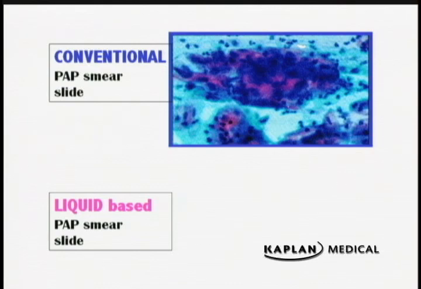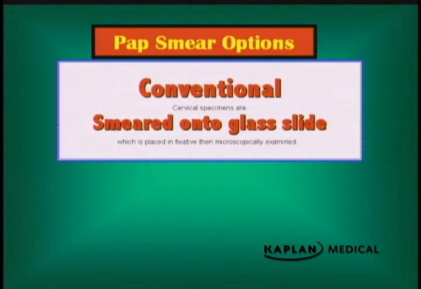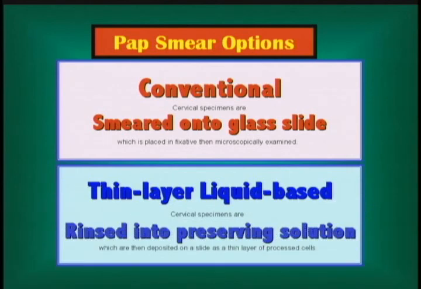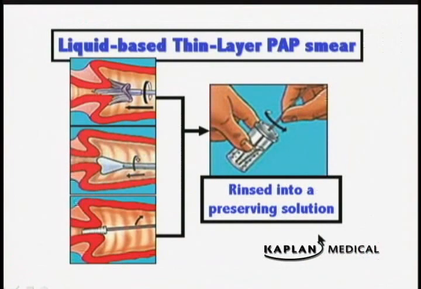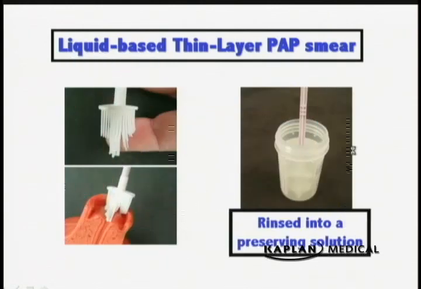The liquid-based pap smear is different. Instead of smearing onto a glass slide, you rinse the specimens into a preserving solution. And here is the brush, here is a spatula, here is endocervical specimen, and we rinse it into a preserving solution, like this.